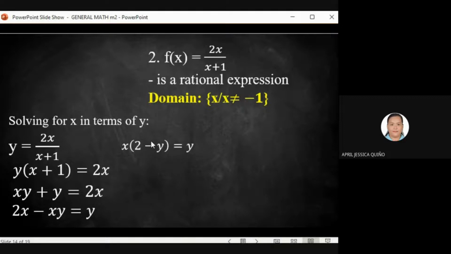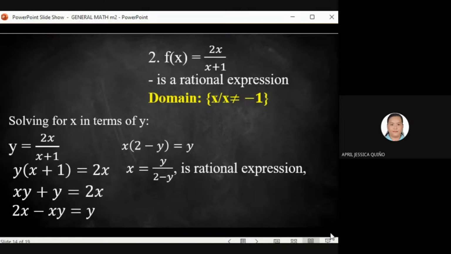Now in order for us to remove 2 minus y from the left side, we need to divide both sides by 2 minus y. So if we're going to divide this part by 2 minus y, we will be able to omit this and we will only have x. And here we will have y over 2 minus y. As you can see, this is also a rational expression, right?